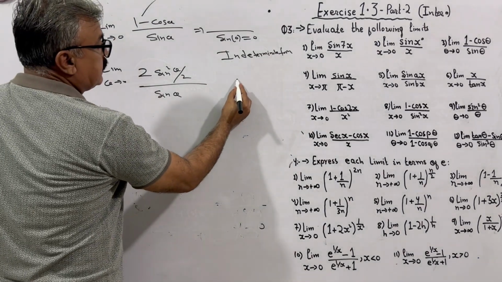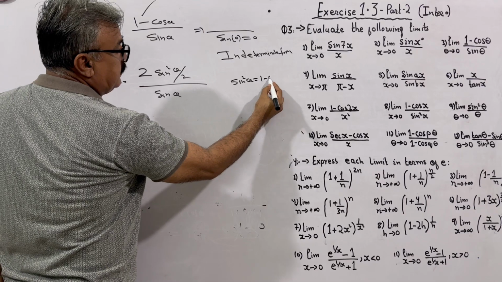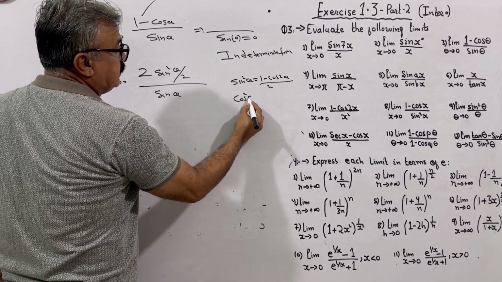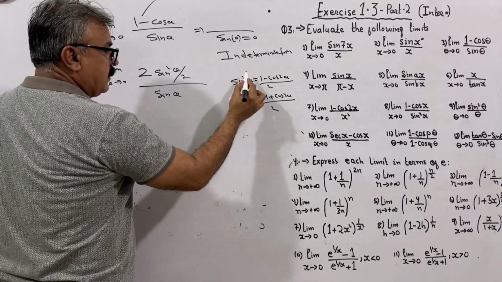This formula comes from sin square is equal to 1 minus cos 2 theta over 2, and cos square is equal to 1 plus cos 2 theta over 2.